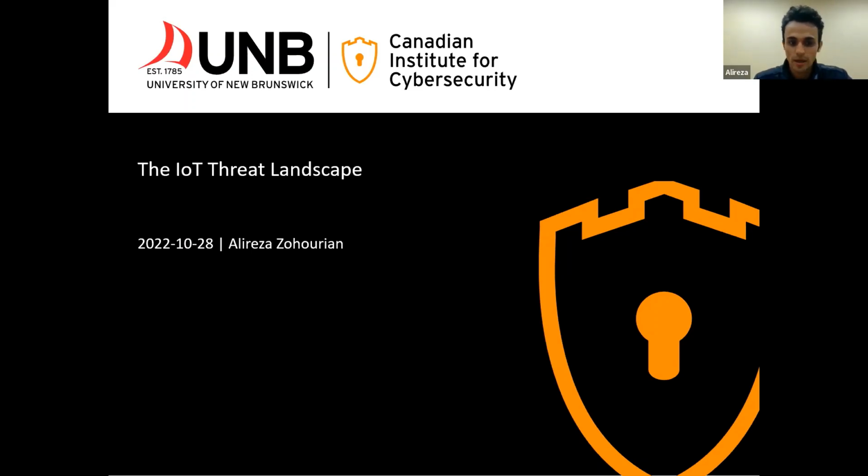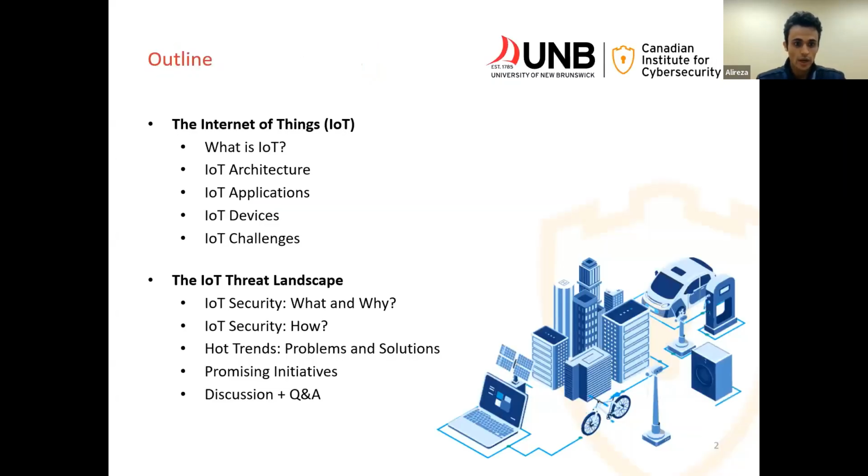I've tried to do a very generic and high-level overview of the IoT and its threat landscape and security, basically, to just have a general overview of IoT. So the outline of my presentation has two major parts. The first is Internet of Things.